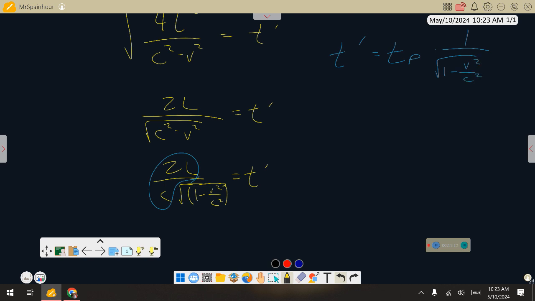And to make our lives easy moving forward, because that's a lot of writing, we're going to give that its own name. We're going to say that gamma, which I think is the time dilation factor, is equal to 1 over the square root of 1 minus v squared over c squared. So essentially, I'm just turning this into this constant. And now I can write time dilation as time proper times gamma.